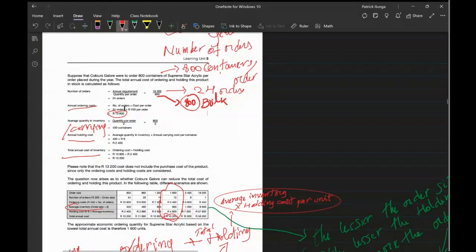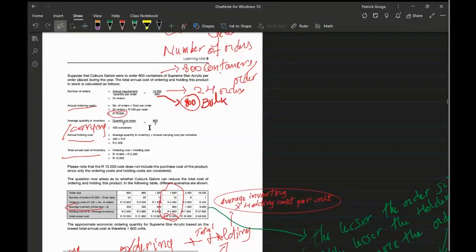So then we can find the number of orders. What is the annual ordering cost? We take what it costs per order, multiplied by the number of orders. Average quantity in inventory: we take the total quantity per order, which is 800, divided by 2.